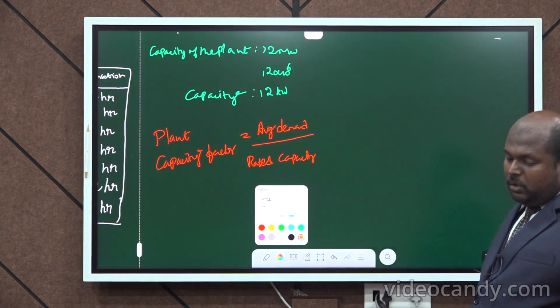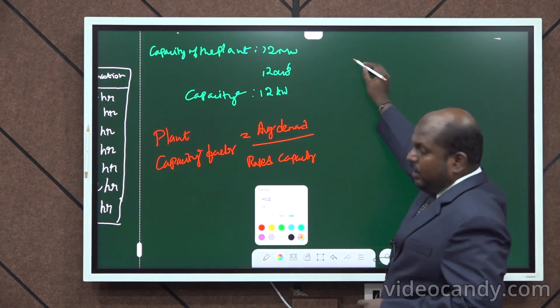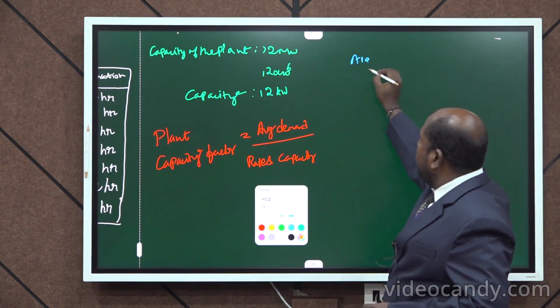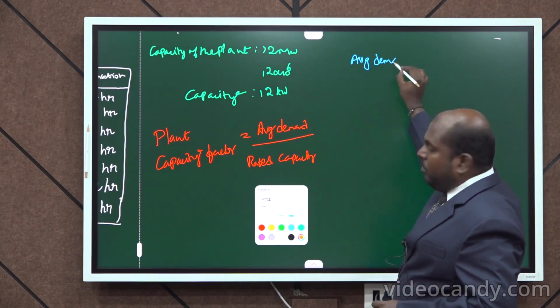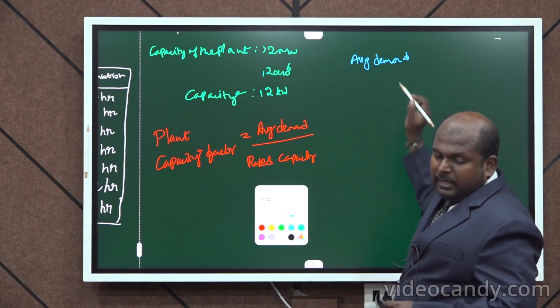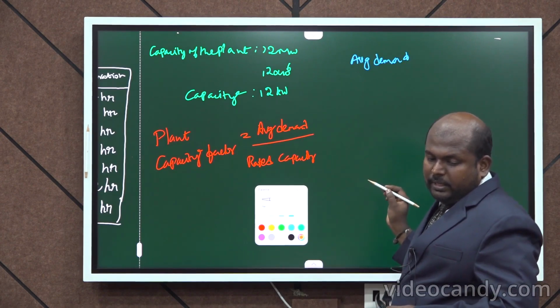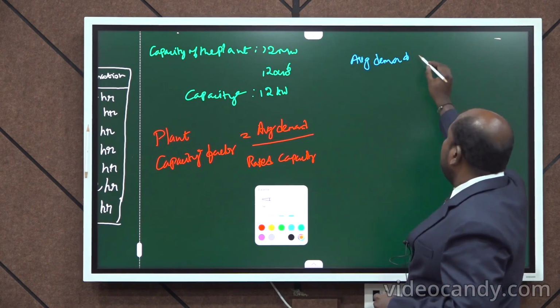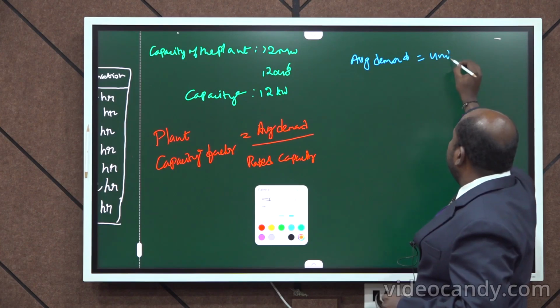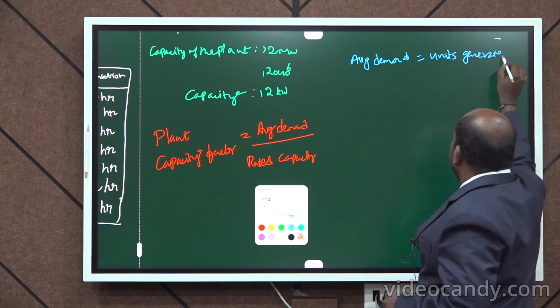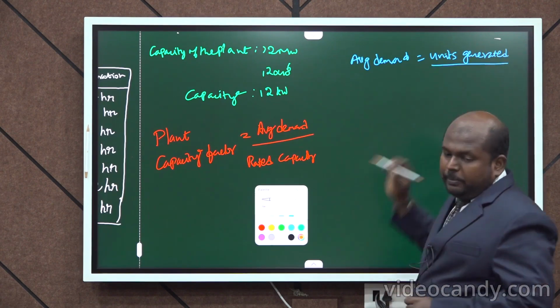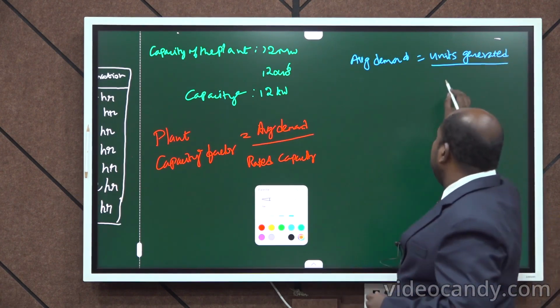So average load or average demand is calculated as units generated divided by my entire time in hours.